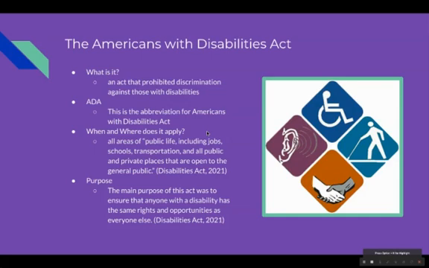And it applies to all areas of public life, and this includes jobs, schools, transportation, and all public and private places that are open to the general public. And the main purpose of this act was to ensure that anyone with a disability has the same rights and same opportunities as everyone else. And these disabilities include anyone who is handicapped, blind, hard of hearing, or deaf, or anybody else with a disability.